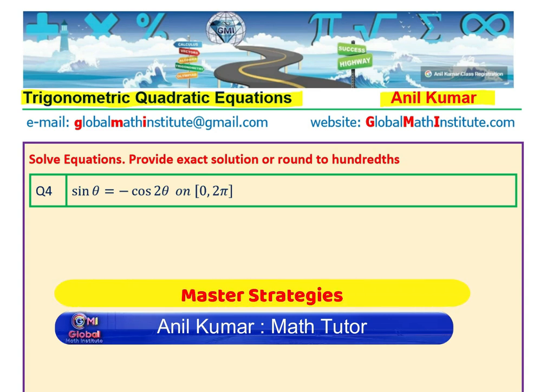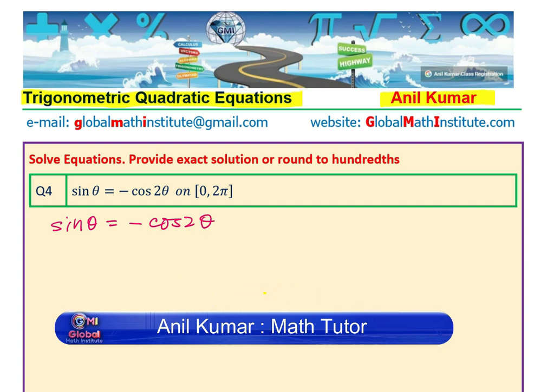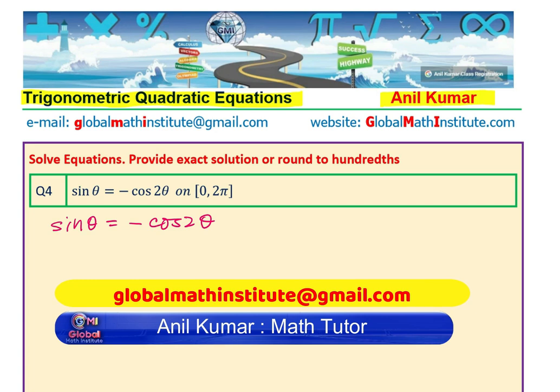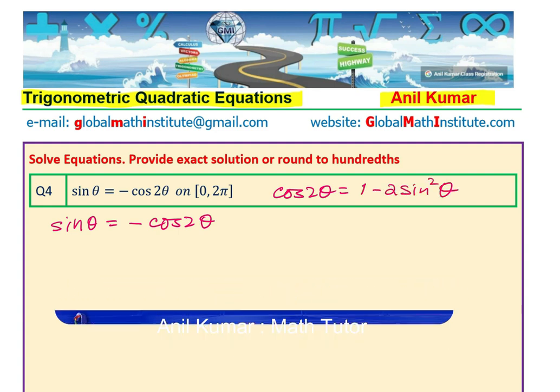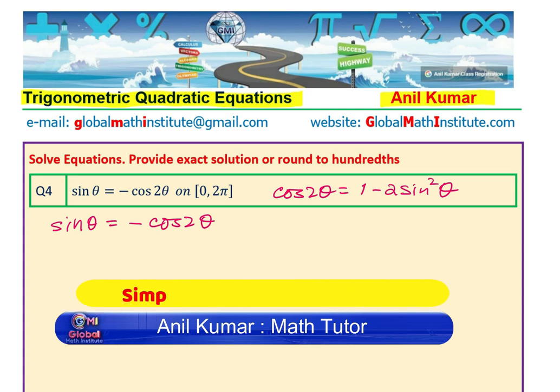Now, let's look into the solution of the question, which is sine theta equals minus cos 2 theta. Since we have cos 2 theta, we could write it in terms of sine square theta. So, what is cos 2 theta equal to? It is 1 minus 2 sine square theta. There are three different formulae, but since we have sine theta, we'll prefer to use this form.